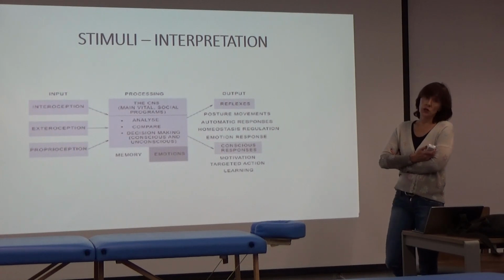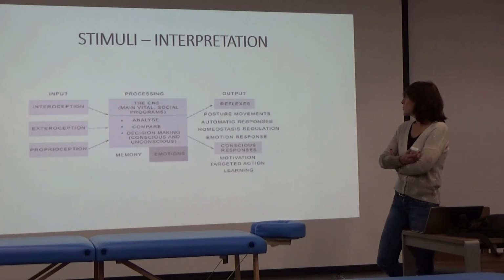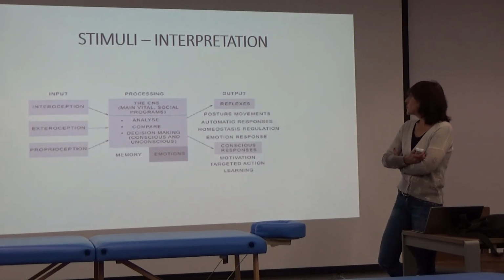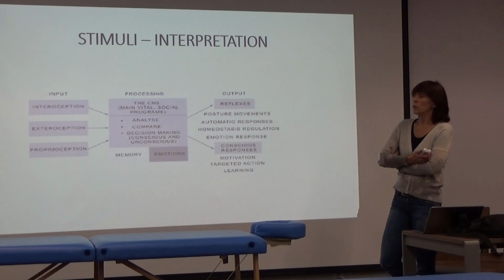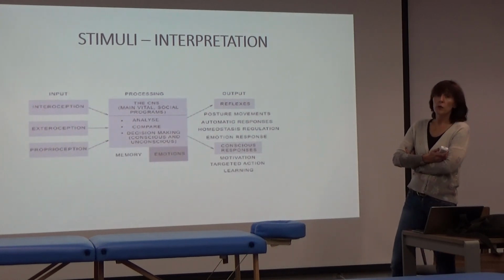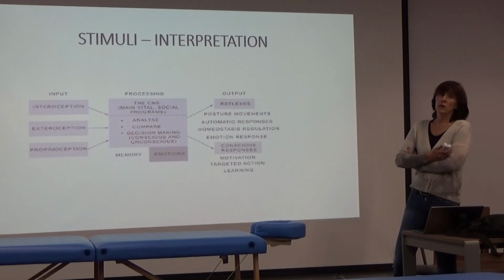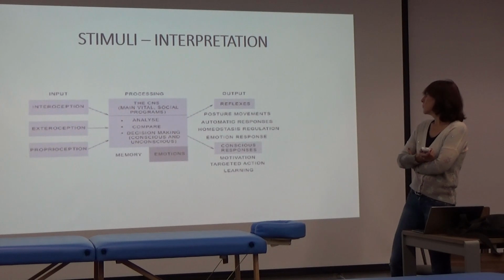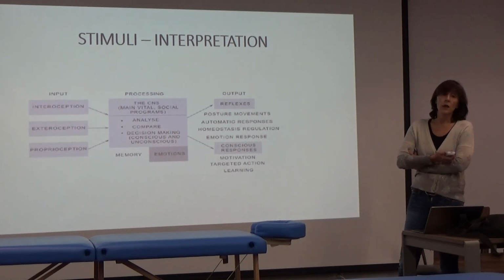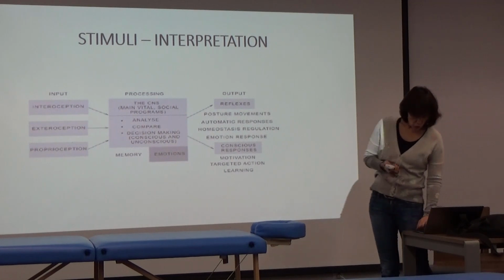And this decision is made consciously and unconsciously both. And then the output is going to be the reflex activity, posture movements, automatic responses, homeostasis regulation, it could be emotional responses, cognitive responses, and in higher behavior levels, it's going to be motivation, learning, targeted actions, and self-control.